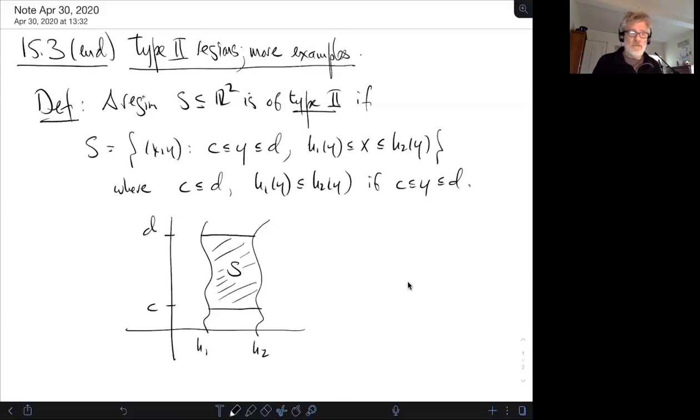So the way to view this is when you fix a value of y between c and d, then the points you're interested in are those where x is between the values of h1 of y and h2 of y. So the result for type 2 is exactly the same as you would expect, except it's in the other direction.